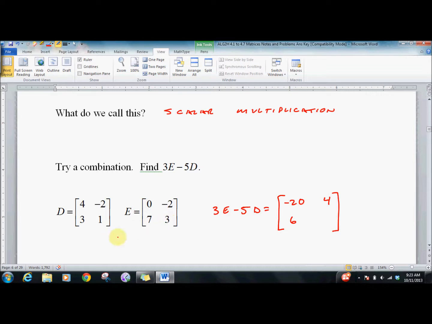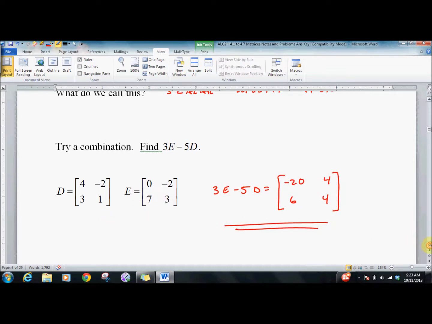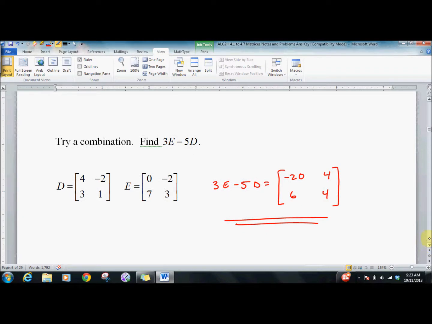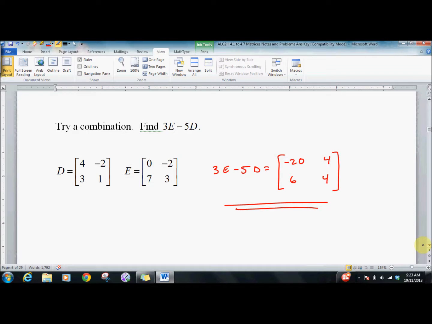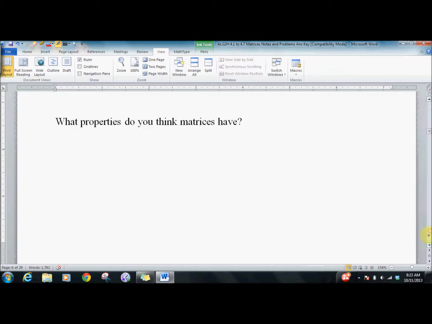And 9 minus 5 is 4. So there's a combination. And that's a little bit tricky math, but not that hard. Use a calculator if you want. It's good to practice with your head and then check with the calculator, see if you did it right.